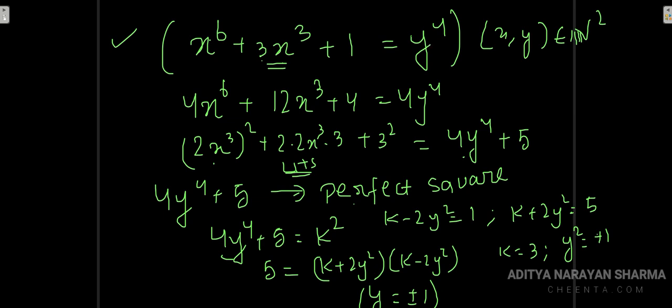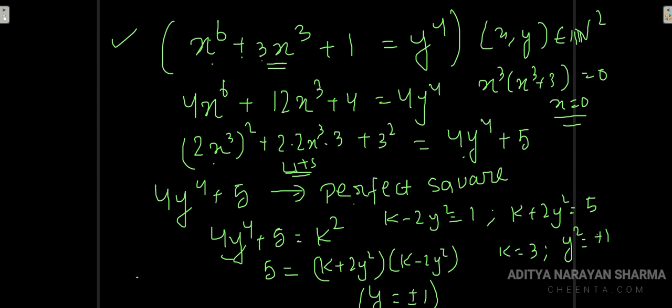When you use this value, you get x to the power 6 plus 3x cube equals 0, and thus x cube into (x cube plus 3) is 0. So the integer solution should be x equals 0. If x equals 0, then the LHS is 1.